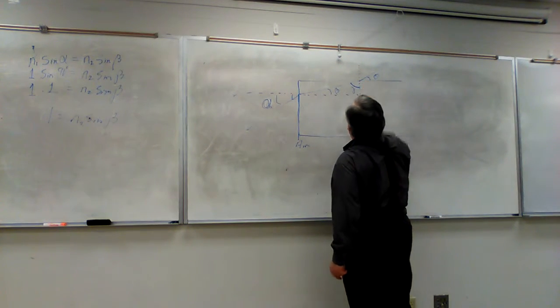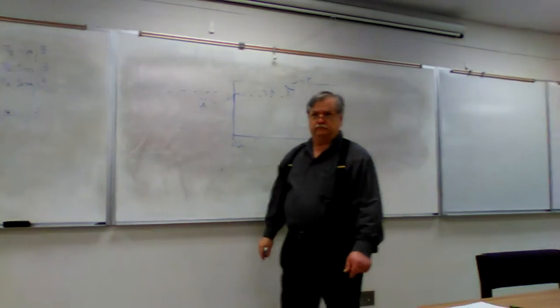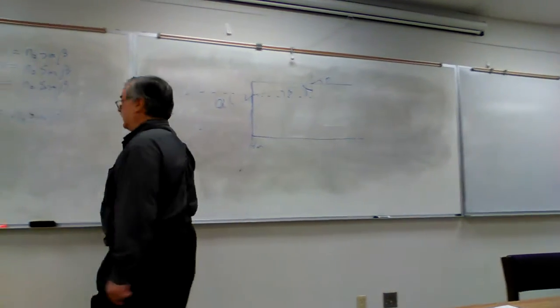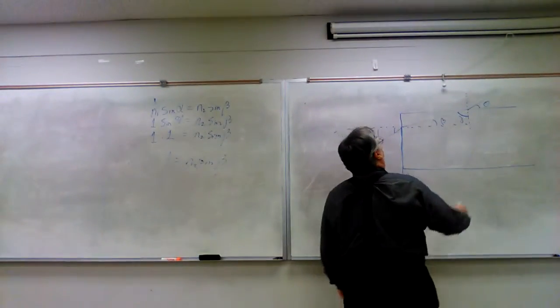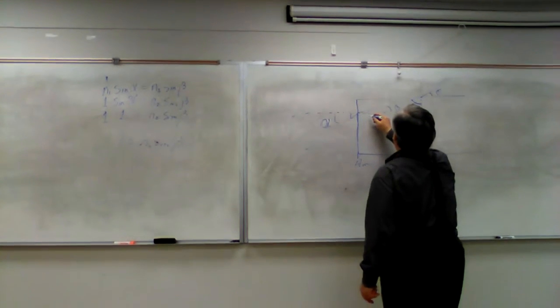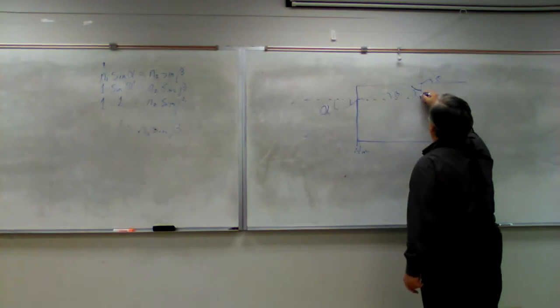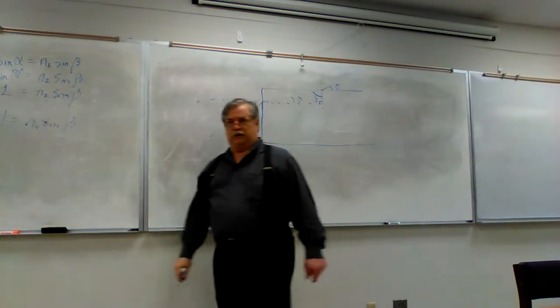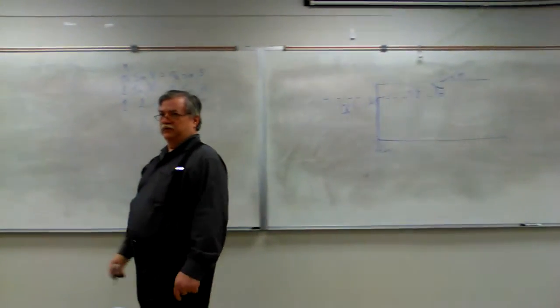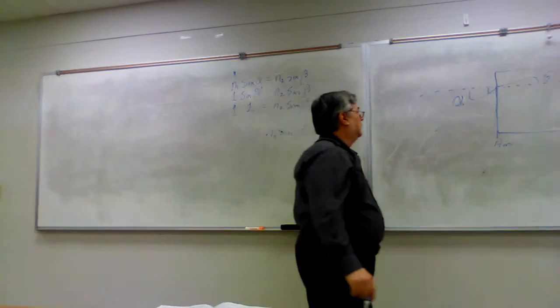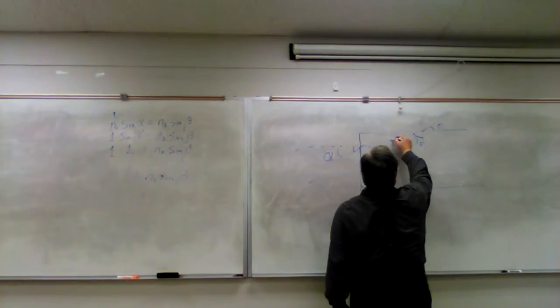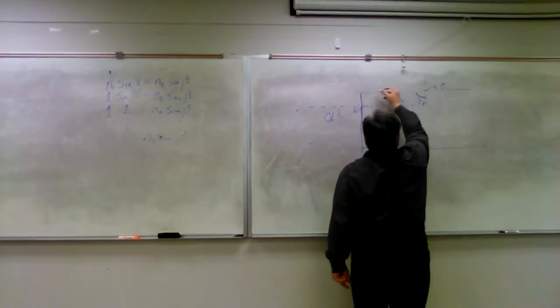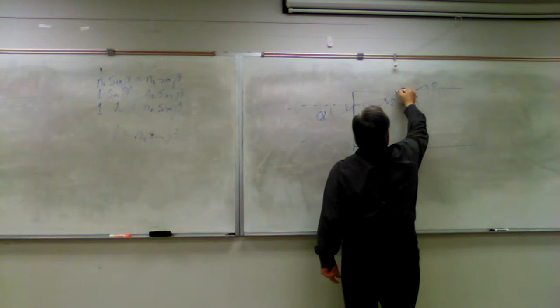Now, we also need to know what is gamma. What is the angle gamma? Well, we can get there a couple of ways. We can note that this is a right triangle, so beta plus gamma plus 90 degrees has to equal 180, and beta plus gamma equals 90. Or we can note that this is beta here, and since these are parallel lines, this is opposite and equal.